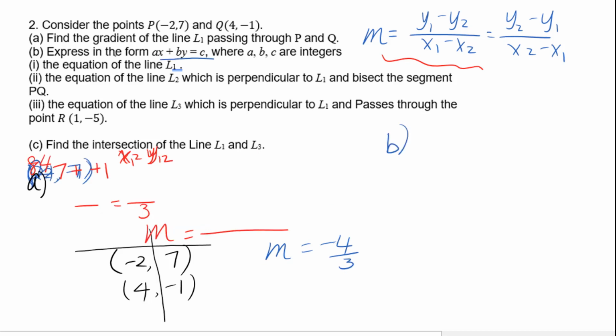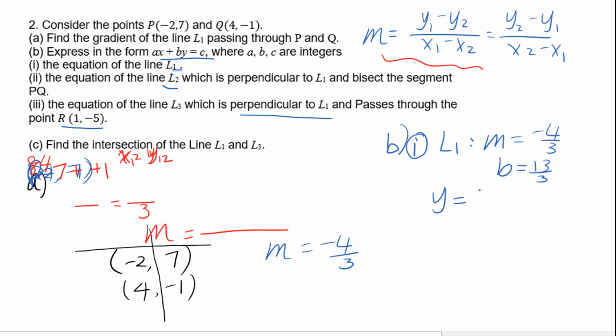Let's go to B. Expressed in the form ax plus by equals c, where a, b, c are integers. First one, the equation of the line L1. For L1, we already used the graphing calculator and got the slope equals -4 over 3, y-intercept equals 13 over 3. So y equals mx plus b will be y equals -4 over 3 x plus 13 over 3.